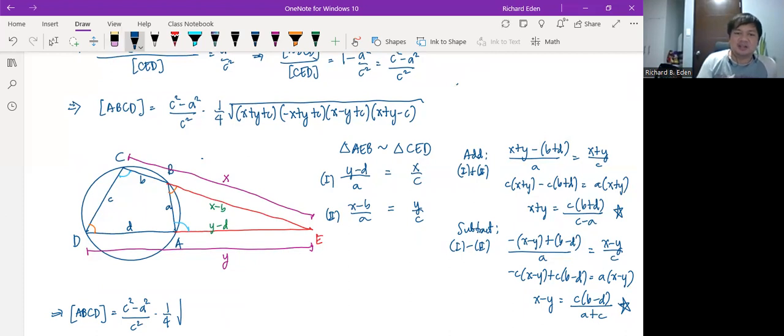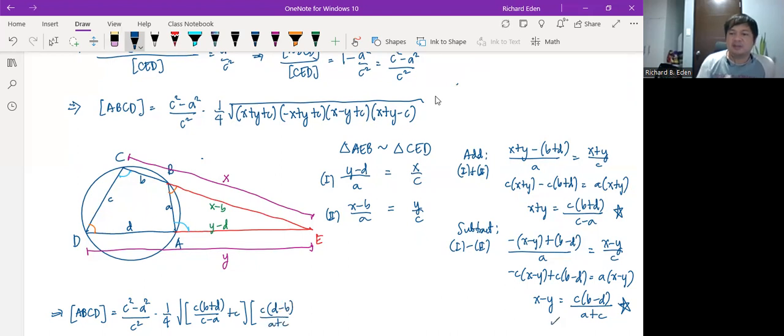So we have, first group, c times b plus d over c minus a, plus c. Second group, this would be negative of x minus y. So let's write it as c times d minus b over a plus c.